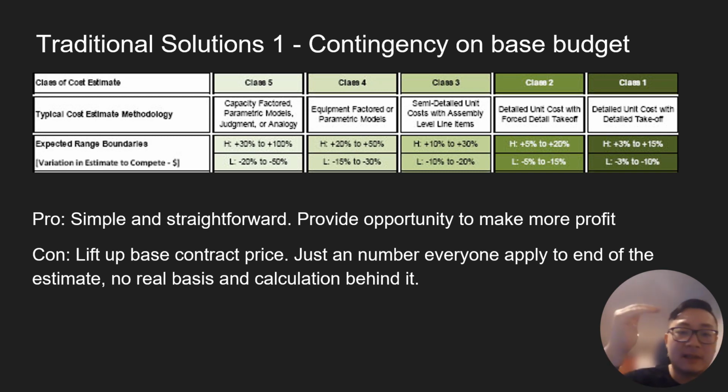You are lifting up the base contract price without a clear reason why, and you're doing it just because you are guessing that, oh, it could be 5%, or it could be 10%, or it could be 15%. Nobody knows why it is 15%. It's just a common practice. That would be a really big problem with just adding a percentage of contingency on the base budget.